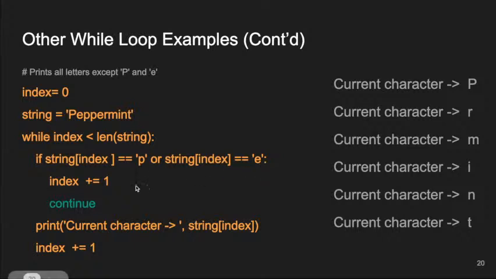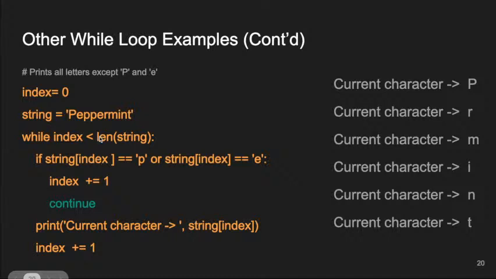Then I add to the index. There's a keyword here colored in green, continue. Then here we have print, and also we are incrementing our index. I would like you to try this code and see what happens.